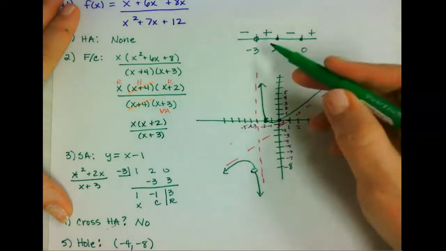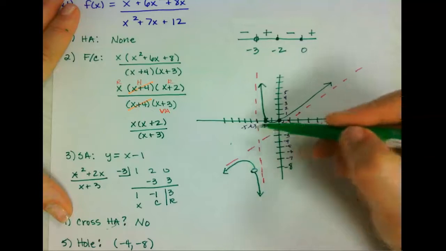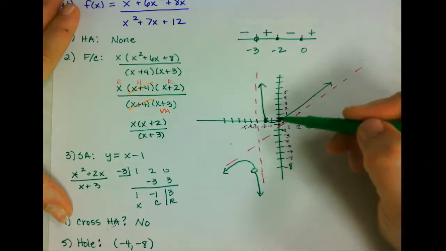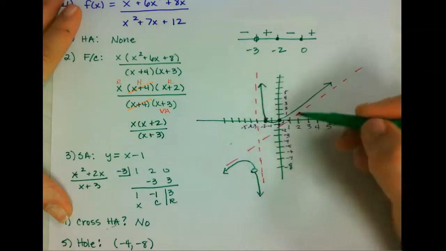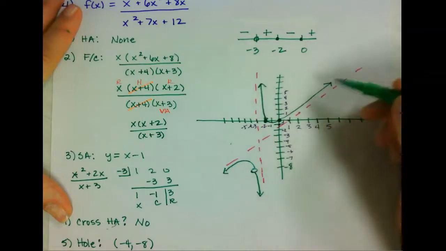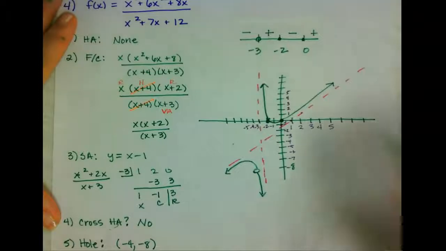So that tells me that. And then from -3 to -2, it's positive right here in the graph. And then from -2 to 0, it's negative, so it's below right there. And then from 0 on, it's all the way positive up there. And so you can see all of that.